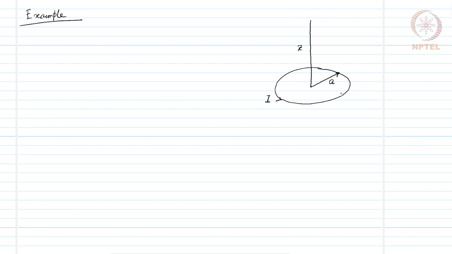Now, if we consider a line element here, dl prime, let us put a vector sign on this.